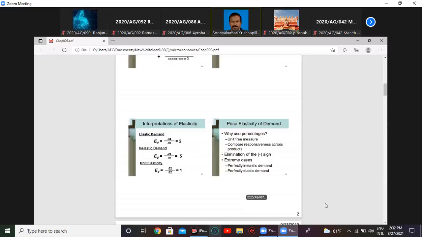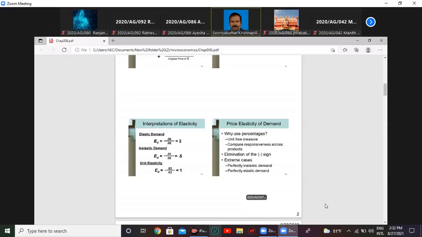If it is a minus, then we will have confusion. Mathematically, minus 2 is less than minus 0.5, so numerically minus 0.5 is greater than minus 2.